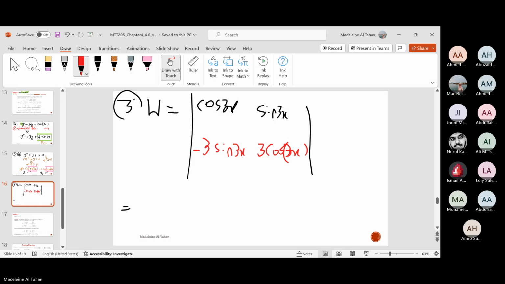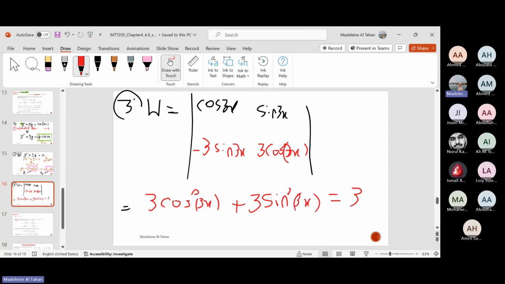So what will be the determinant here? 3 cosine squared 3x minus, it means plus, 3 sine squared 3x, which is equal to 3. How did we know that it's equal to 3?